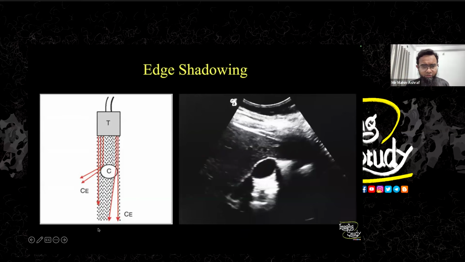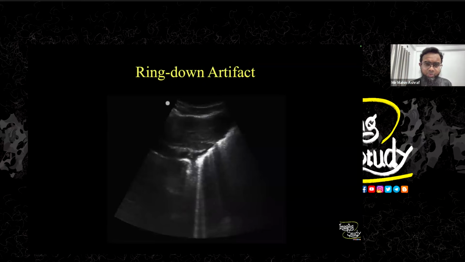So there is a lack of echoes from this part, which is creating an unusual echo-free line. So you can see shadows coming from these edges, known as edge shadowing or refraction artifact. So it may make you confused about having gallstones there. So be careful. Any edge casting post-acoustic shadow may be due to the edge shadowing or refraction.